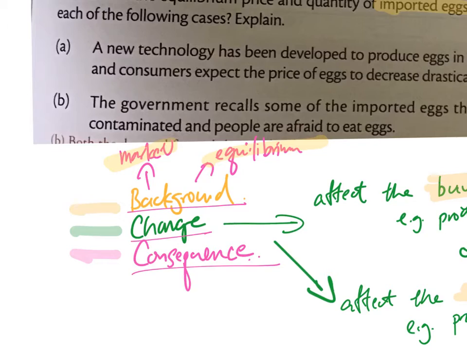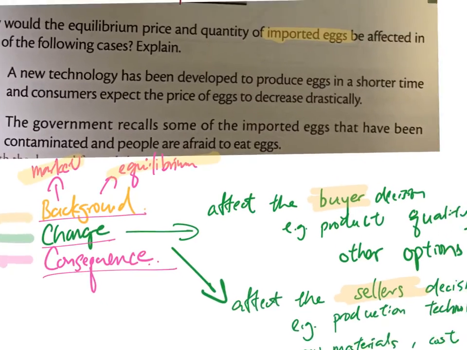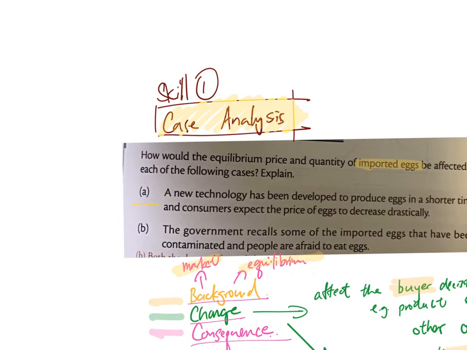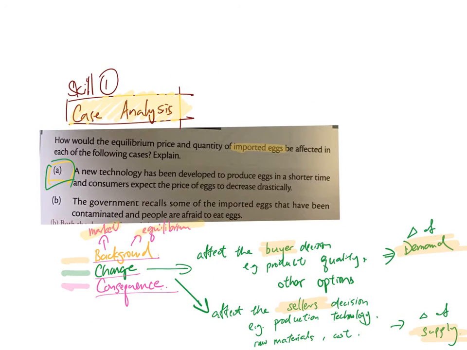For the changes in the case, remember the market we identified is the imported eggs. So look at the case in part A, and think about whether anything affects the buyer's decisions, and whether anything affects the seller's decisions.